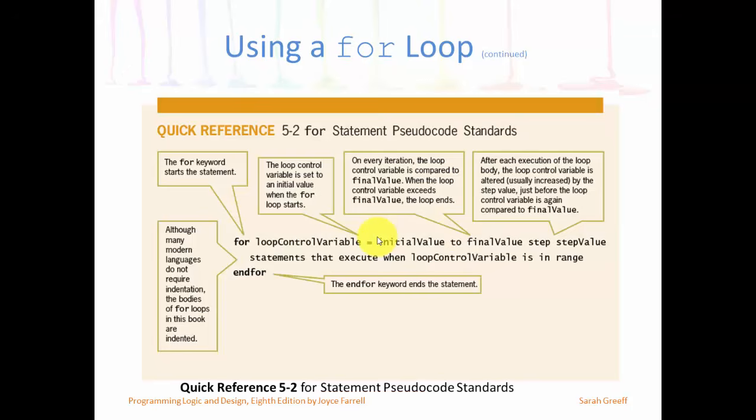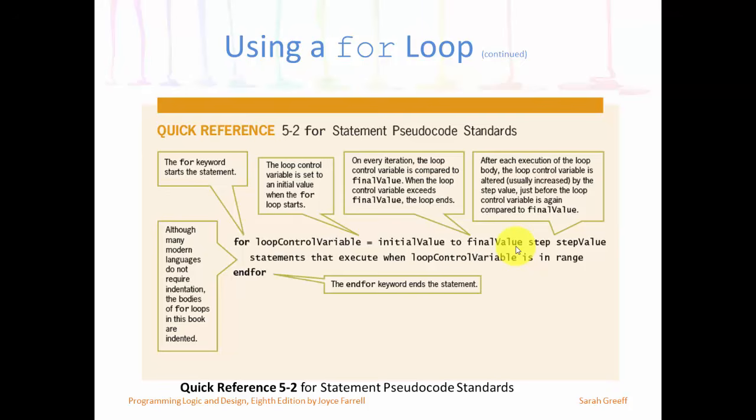Here is a lovely quick reference to how to use the for loop. You have your for and your end for, which are your keywords. Please note that your loop control variable will be whatever variable you name. In this case, it was count. Your initial value, you can start at 0, you can start at 1, you can start at 2, depending on your program. Your final value will be how many times you are going to have your program iterate, in other words, how many times you're going to have your loop repeat.